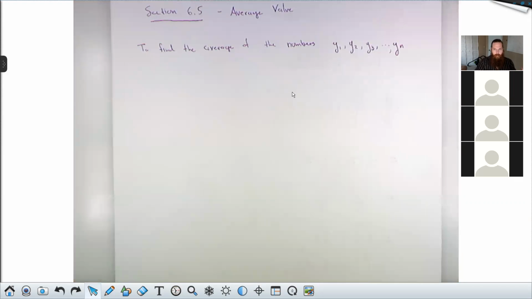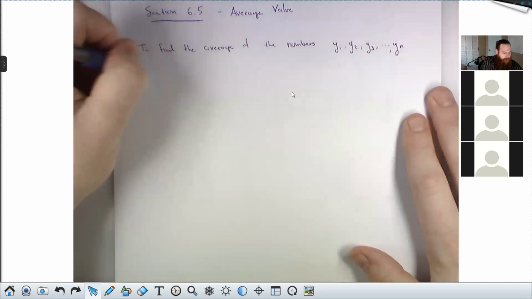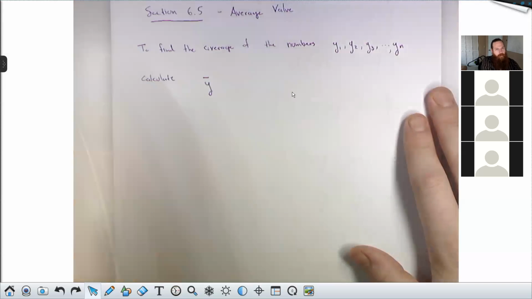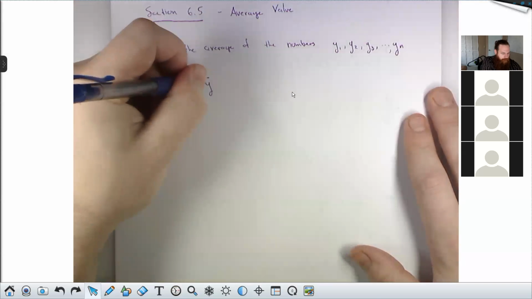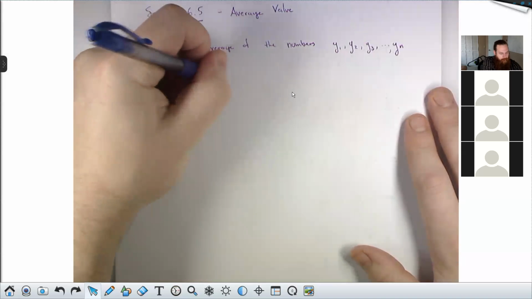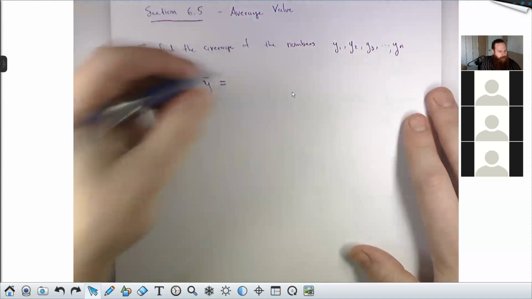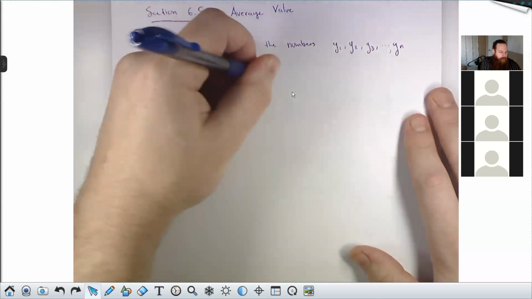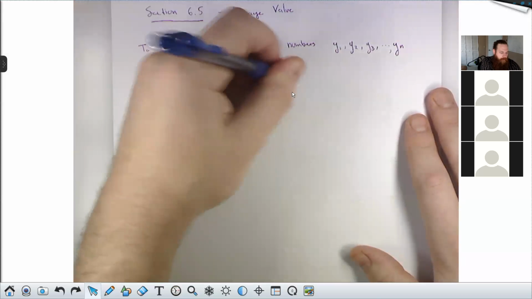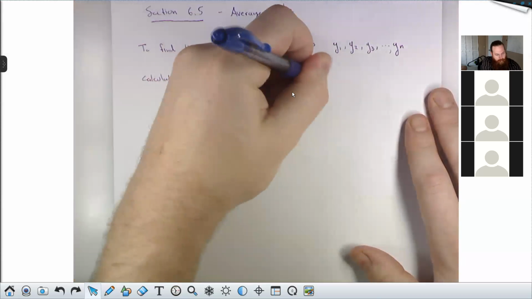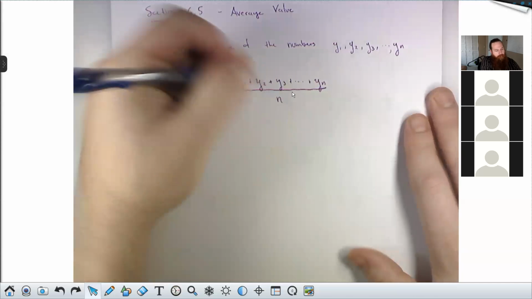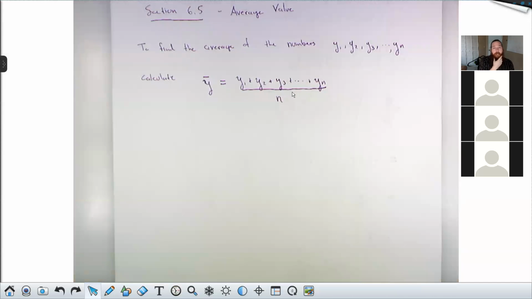You add them all up and then you divide by the number of numbers. In statistics, we use the bar notation for the mean. So the particular kind of average we're looking at here is what's called a mean, M-E-A-N. And it would be the sum, y1 plus y2 plus y3, all the way out to yn, all divided by n.